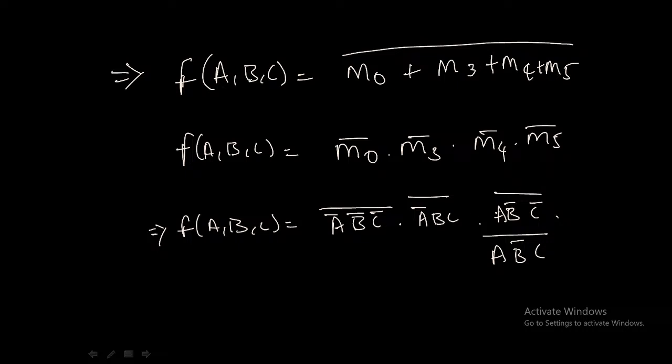Okay, now if we apply De Morgan's law again, what will we get? F of a, b, c can be written as a plus b plus c, into, if you apply De Morgan's law here, you will get a plus b plus c. It is similarly nothing but x bar into y bar, which is nothing but (x plus y) the whole bar.